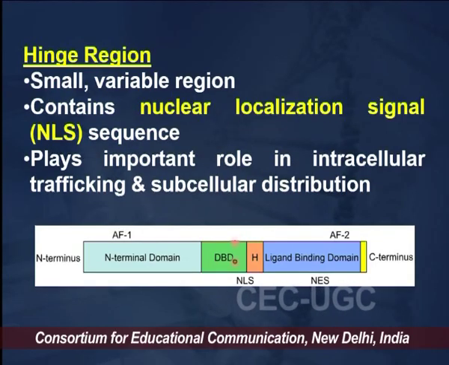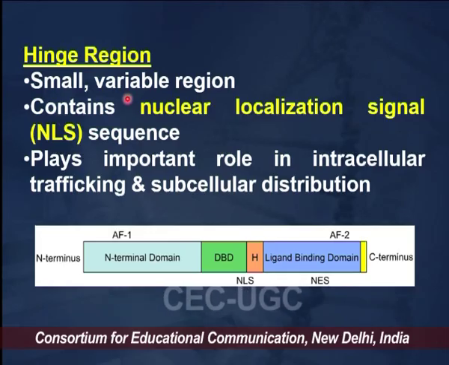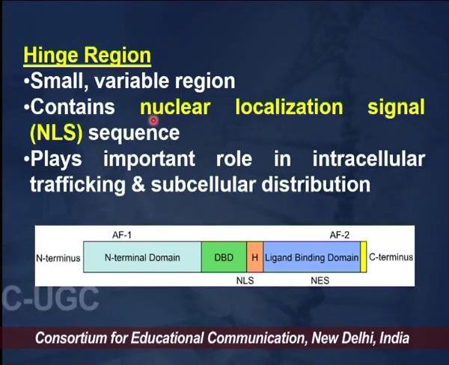After that, you can see in this structure there is a small H region, that is the hinge region. It is a very small region but variable in all the steroid hormone receptors, and it contains the NLS, that is the nuclear localization signal sequence.